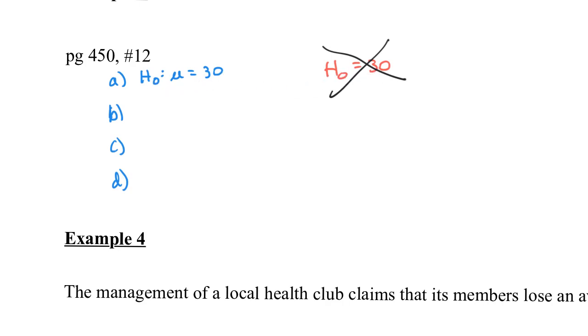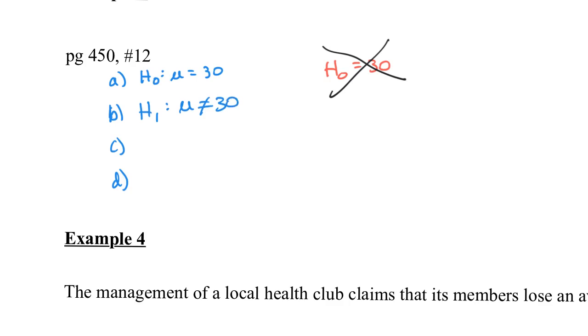Then we've got part B, which says, state the alternate hypothesis if you have no information regarding how the population mean might differ from 30. It's an alternate hypothesis, so it's going to be H sub 1, or if you prefer H sub A, and we're basically saying the mean is not equal to 30.